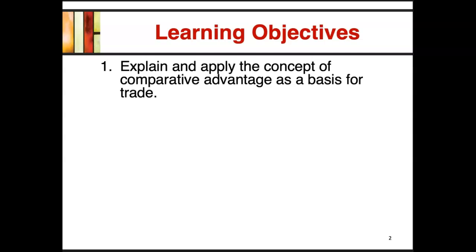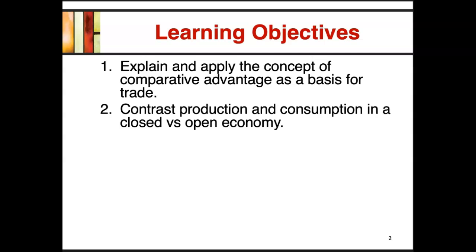The whole idea of comparative advantage helps us answer the question of why countries trade in the first place. We'll also contrast production and consumption in a closed versus an open economy. So we explore the definition of a closed economy, the definition of an open economy, and look at production and consumption in those kinds of economies.